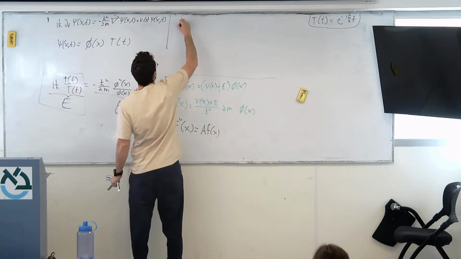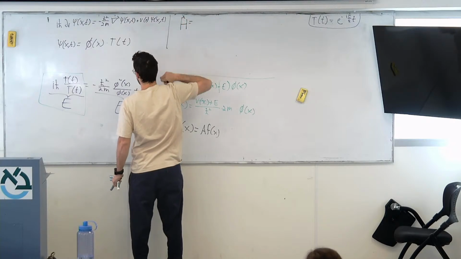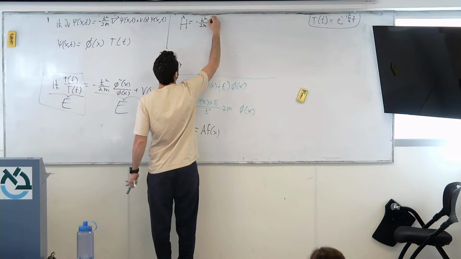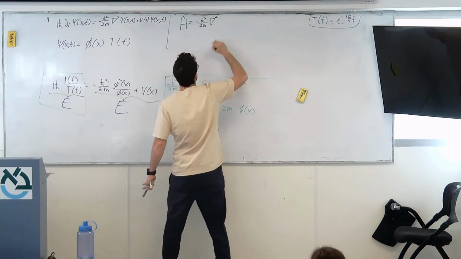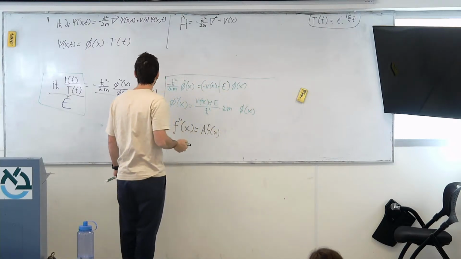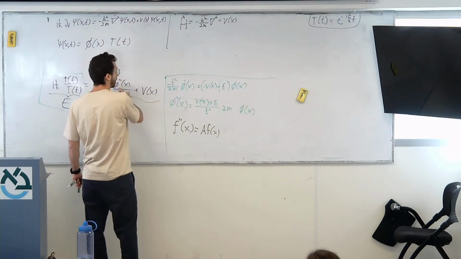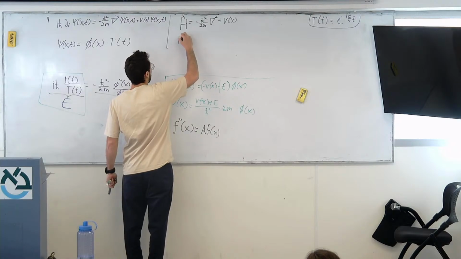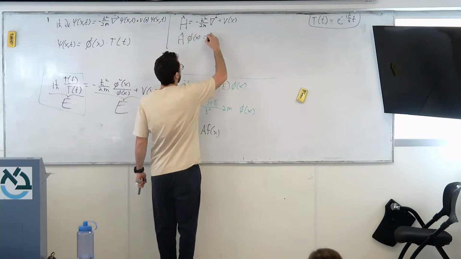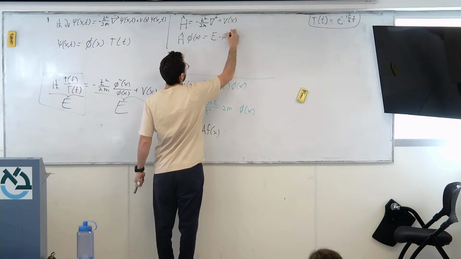So we write the H operator equals minus ħ squared over 2m times the second derivative plus V of x. And when we apply it on some wave function, let's say phi of x, if you apply H on phi of x, we get E times phi of x.